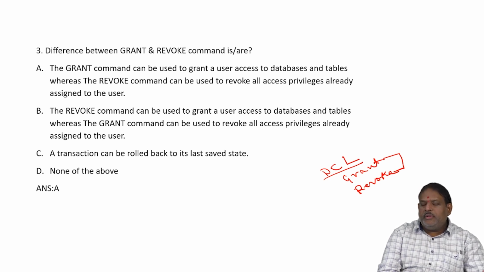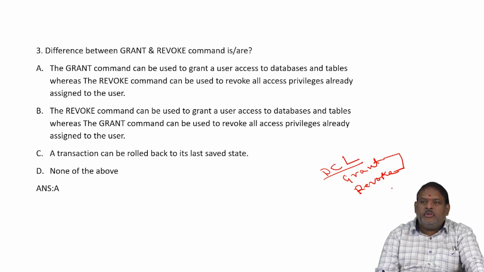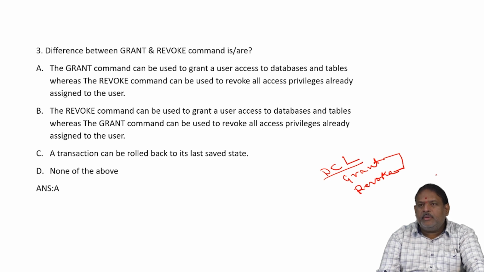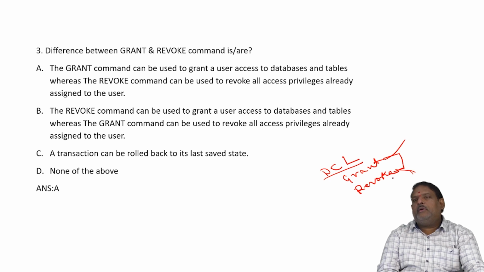Grant and revoke are the privileges associated with a user. If you grant him the rights, he can perform the required activities. If you revoke, he cannot perform the activities. For example, if I say grant connect, resource to a user, he can connect to that user. If I revoke those commands, he cannot connect to the database.